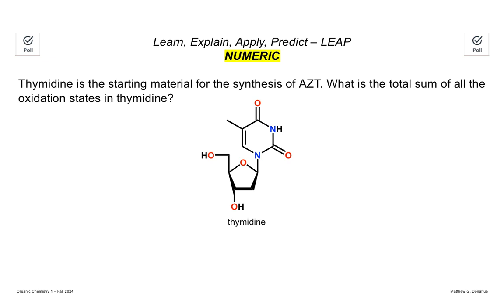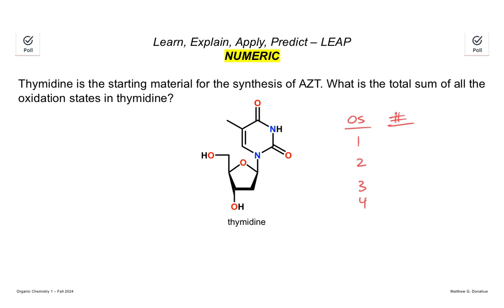So I asked this last semester and it was, I guess, kind of confusing, but I'll just write everything out so you understand the intent of the question. It's asking you, what is the sum total of all of those?